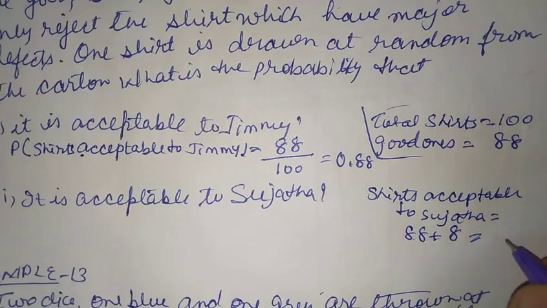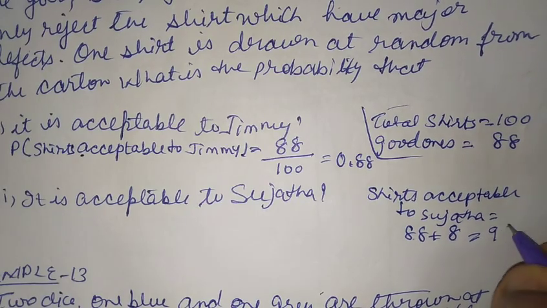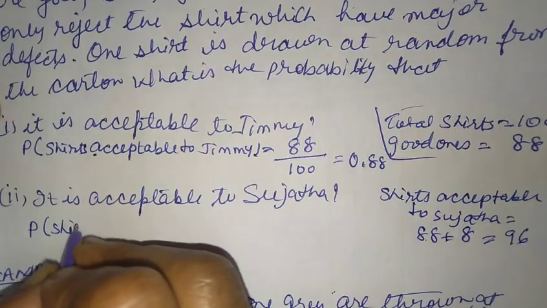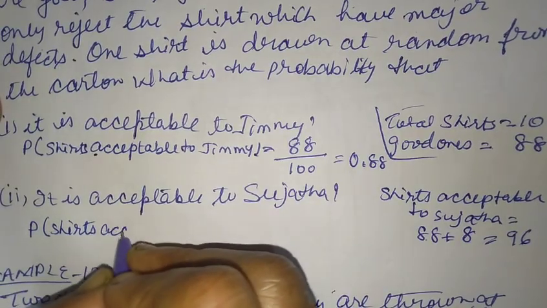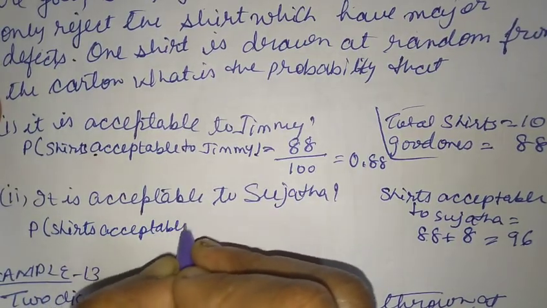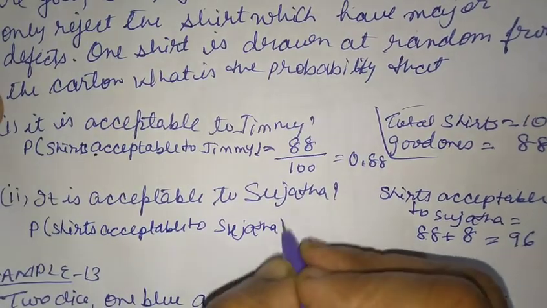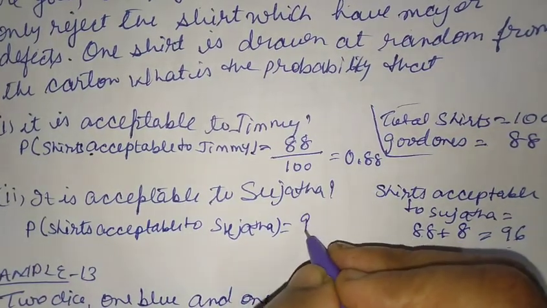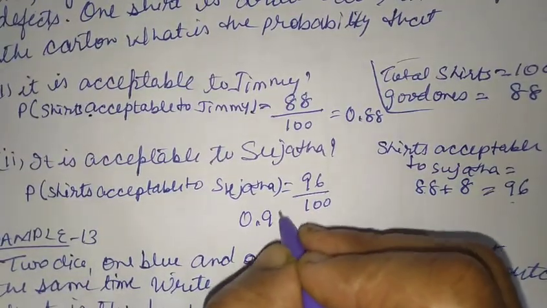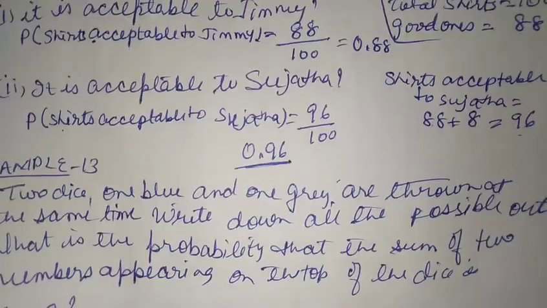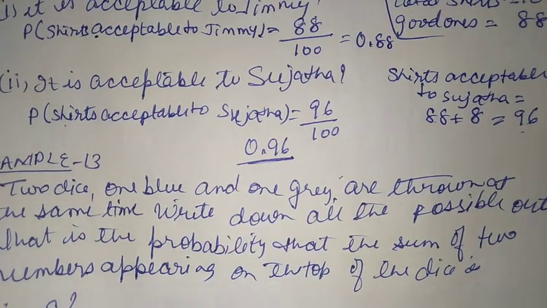So that will be 88 plus 8 is 96 here. So the probability that the shirt is acceptable to Sujata will be the favorable outcome, that is 96 here, and total outcome is 100. So it will be 0.96 here. So the probability that the shirt is acceptable to Sujata will be 0.96.